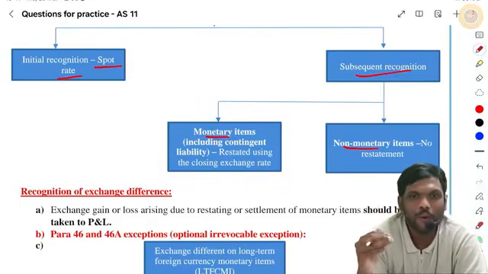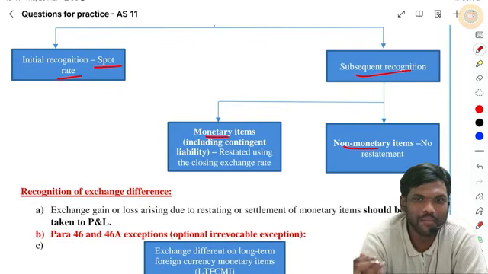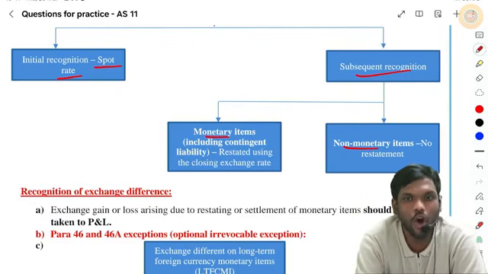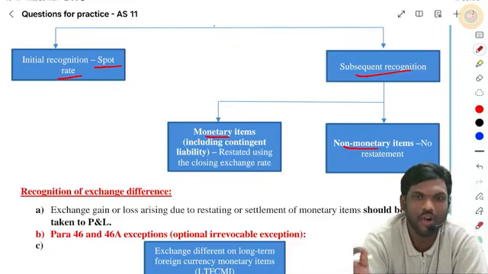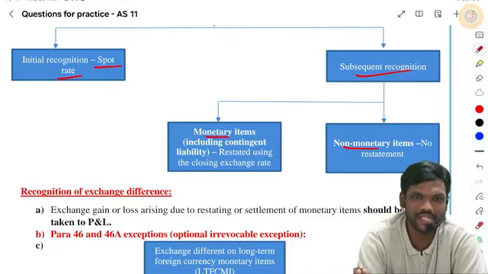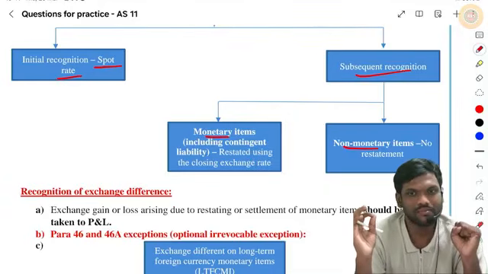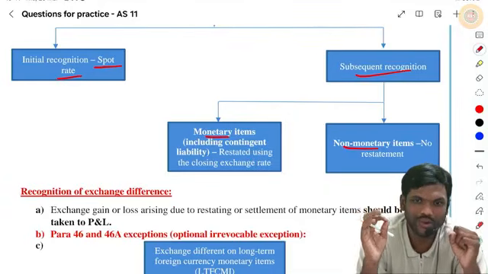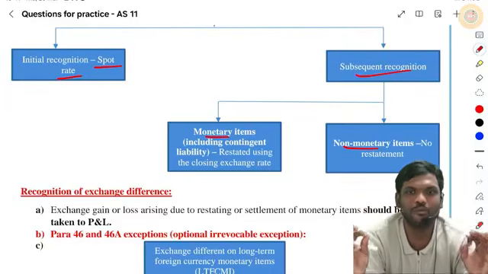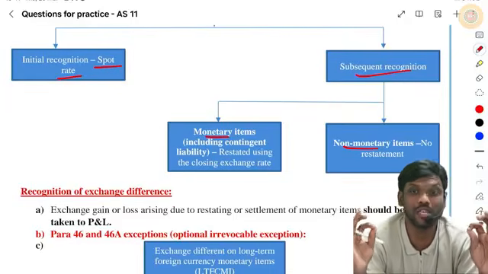AS11 says monetary items are assets or liabilities that are receivable or payable in fixed or determinable amounts of money. If you have an asset and you're going to receive that in terms of money, and you know how much you're going to receive, then that becomes a monetary asset.